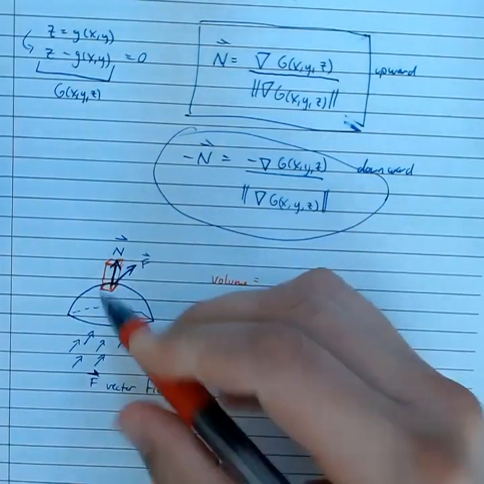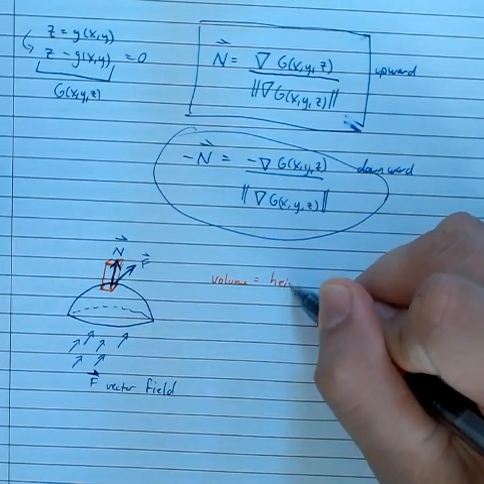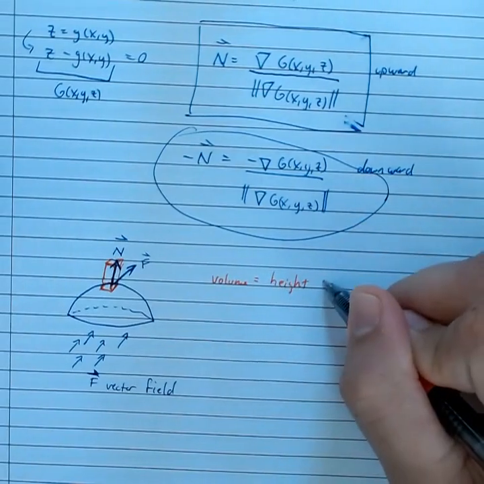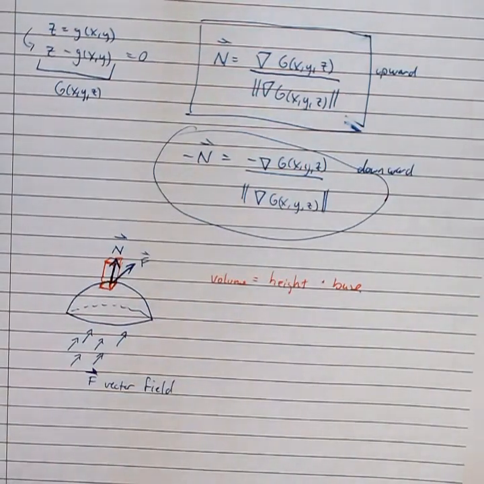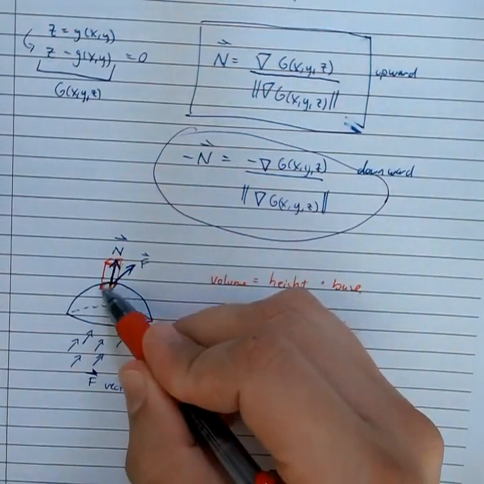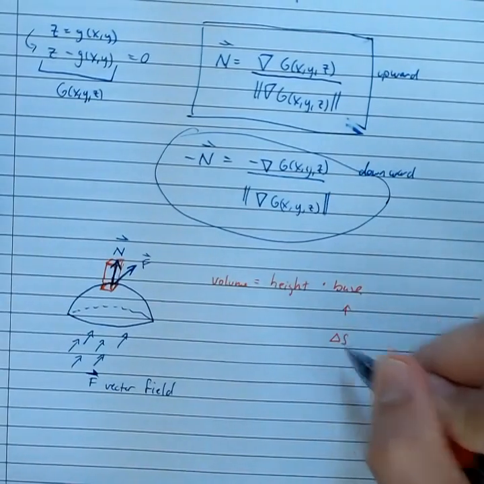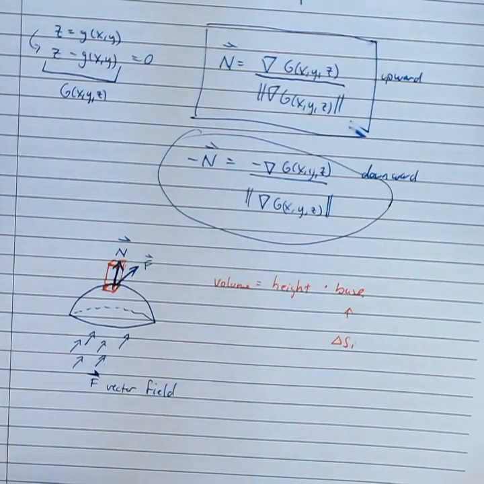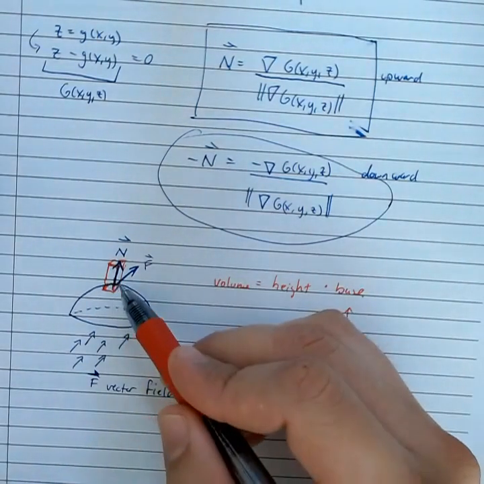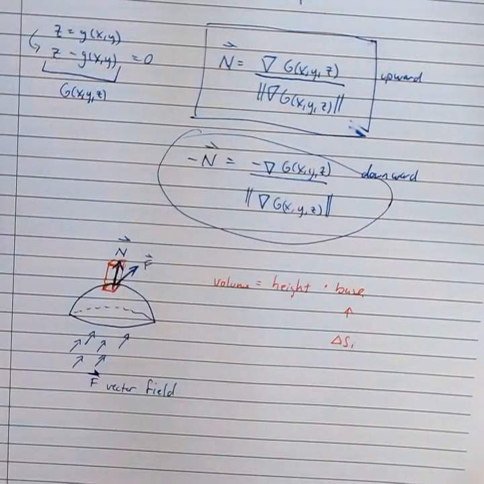Okay, well, that volume is given by a base times a height. Okay, just like that. Now this base is just that little tiny patch of surface area. So here this base is going to be a delta S. Now, of course, I have a bunch of them, so I could say delta S sub i. And here the height is just how much of this vector is in this direction. Well, that's a dot product.